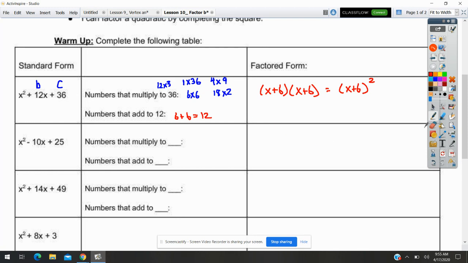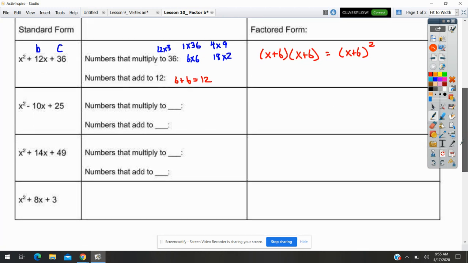Okay, so let's take a look at our next one. Here, we need numbers that multiply to our C value, which is 25, and add to our B, which here, just make sure you look at the signs, is negative 10. All right, so what multiplies to 25? We have 1 and 25 and 5 and 5. Now, it needs to add to negative 10.